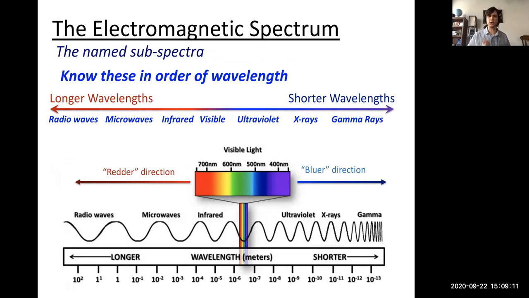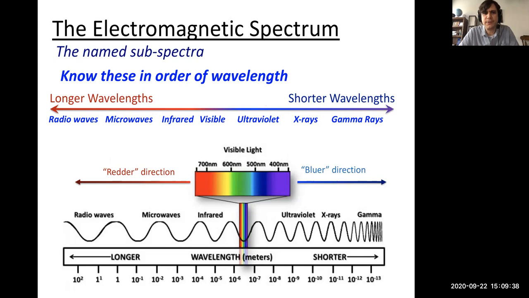I'll say start with the shortest wavelengths and go to the longest wavelengths, or I'll say start with the longest wavelengths and go to the shortest wavelengths. Maybe you have to recognize them all put in the correct order on a multiple choice type question. Or maybe you have to put them in the reverse or recognize them in the reverse order. Or maybe I'll start it and you have to tell me what the next one is, something like that. So be prepared for that.